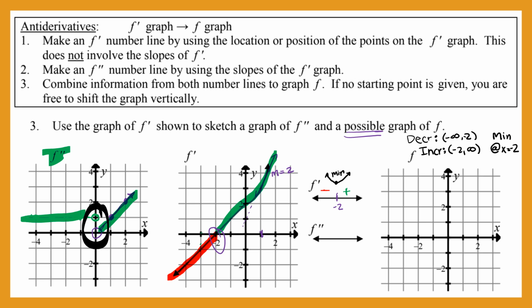So when we're building our line, we're going to say there might be something funky going on there at x equals 0, but either side is still positive, which means we're going to be concave up on either side of that 0. Oh, sorry, I said concave up and then drew concave down. Pardon me. We're going to be concave up.